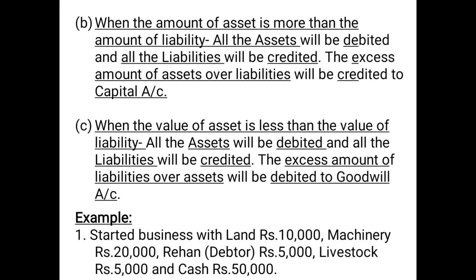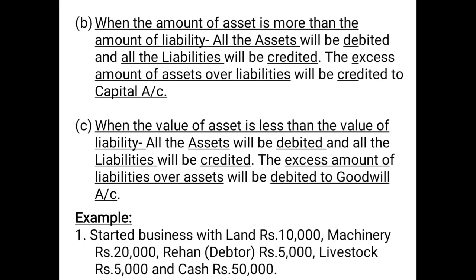Third case, just vice versa, when the value of assets is less than the value of liabilities. Again, if the business is started with various assets and liabilities, all the assets will be debited and all the liabilities will be credited.